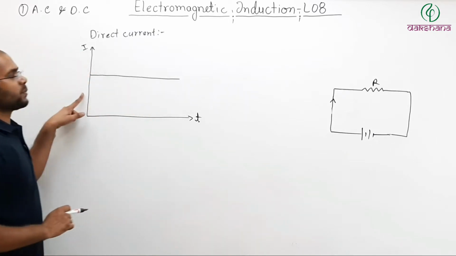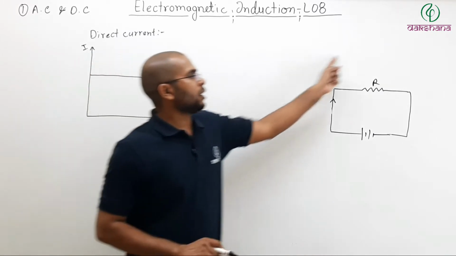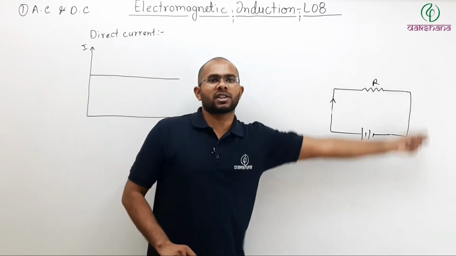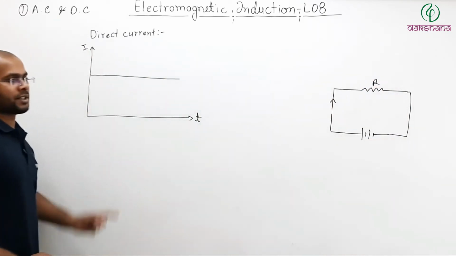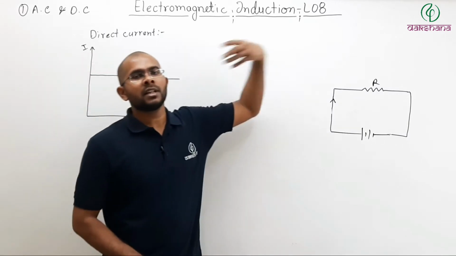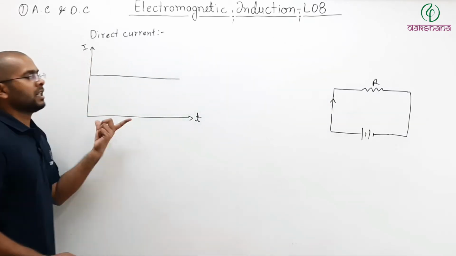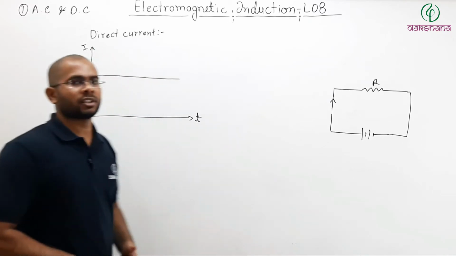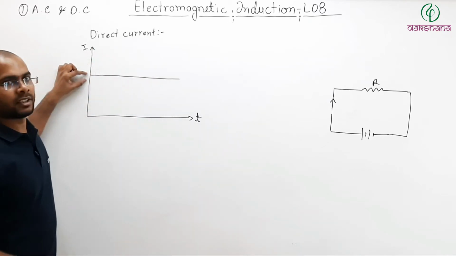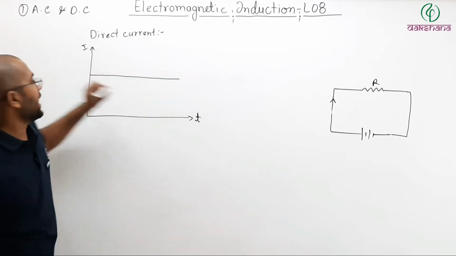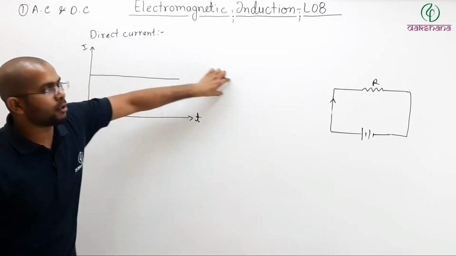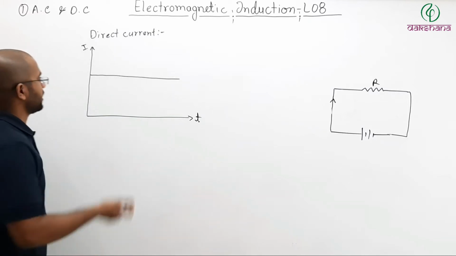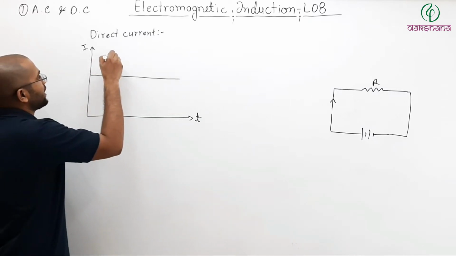Current is always positive, meaning current is always in the same direction. If I assign the clockwise direction to be positive, then current is always positive, meaning current is always in the same direction, meaning this is a DC current. And if the magnitude of current is also not changing, we call it continuous DC or constant DC.